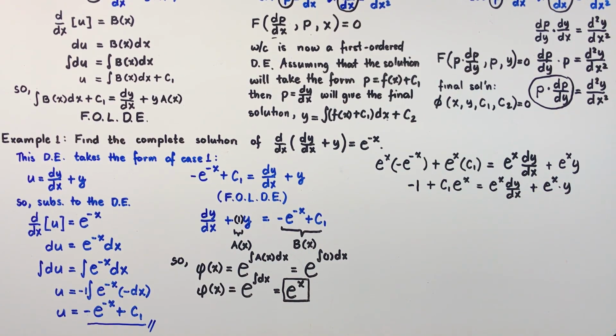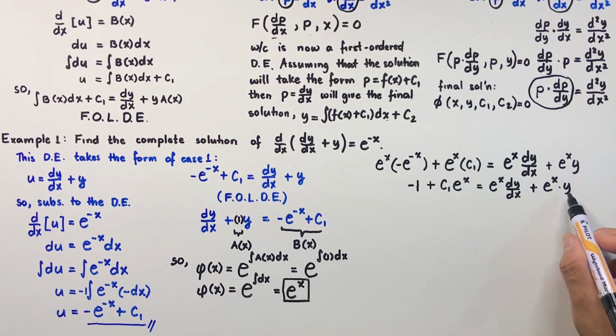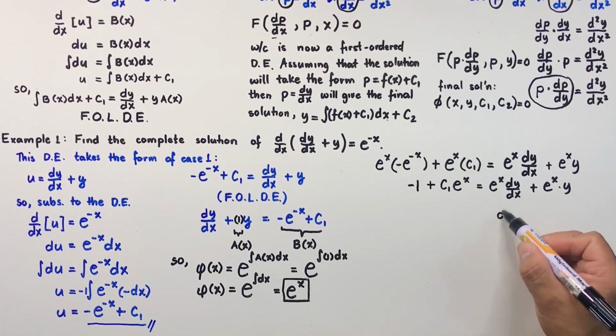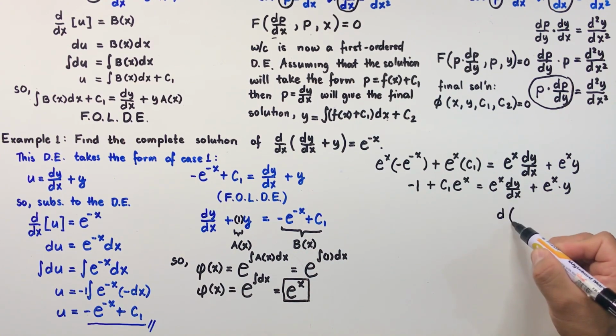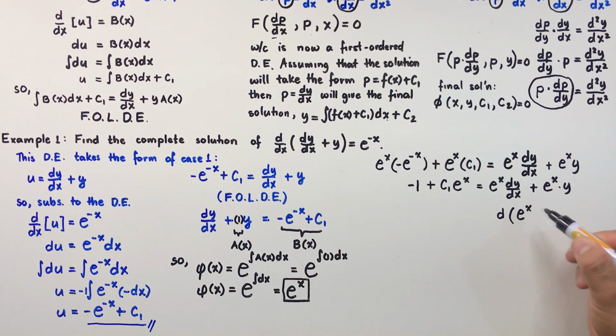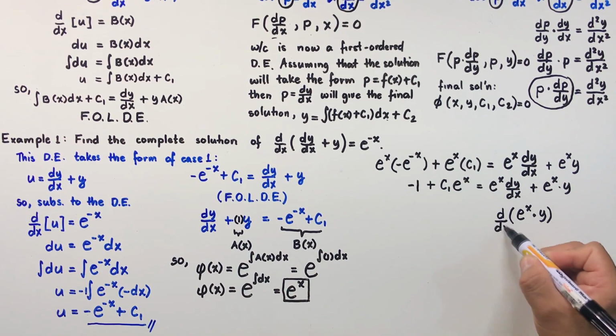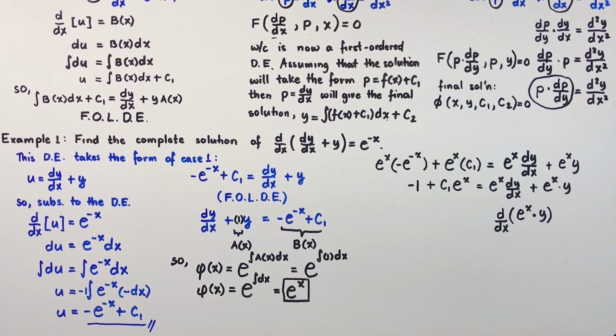And you must be clever enough to see an integrable combination here, because this sum is already a derivative of a product of e to the x and y. So this is the derivative of a product with respect to x.